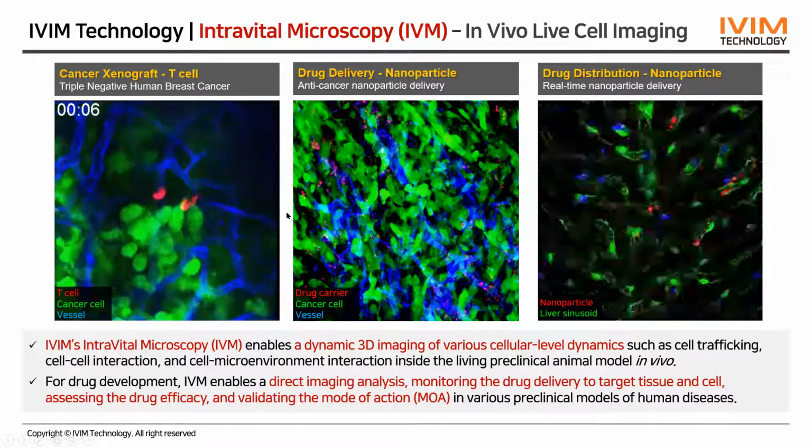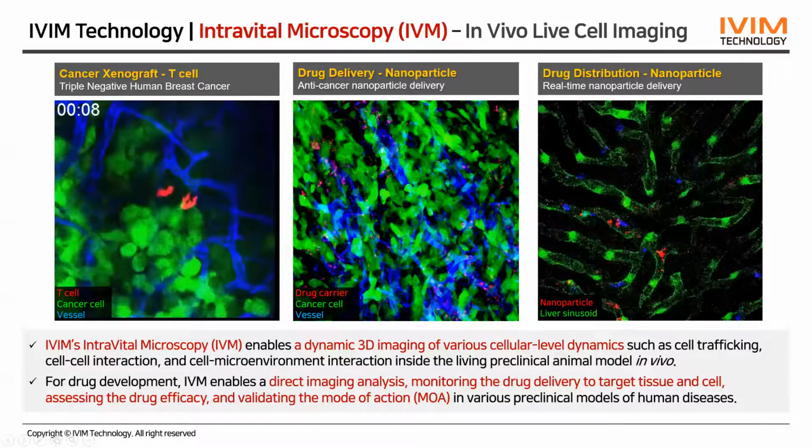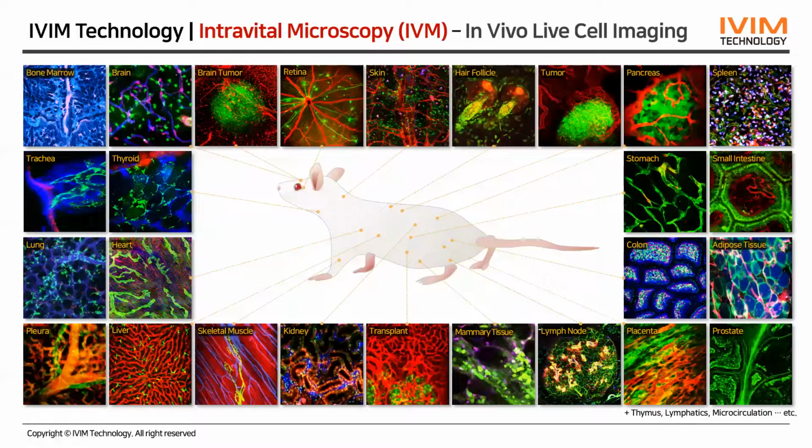This kind of very high resolution, single cellular level dynamic video can be obtained from almost all the tissues and organs in the live animal model, especially the mouse model, by using the IVIM Technology's IntraVital microscopy system.